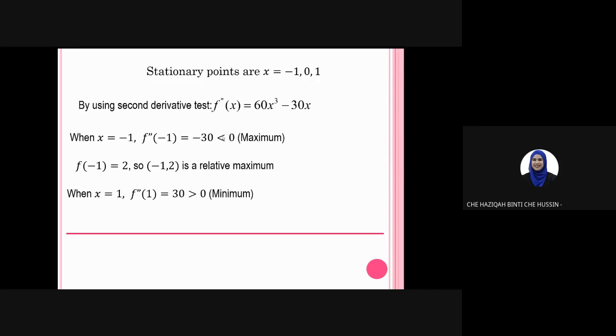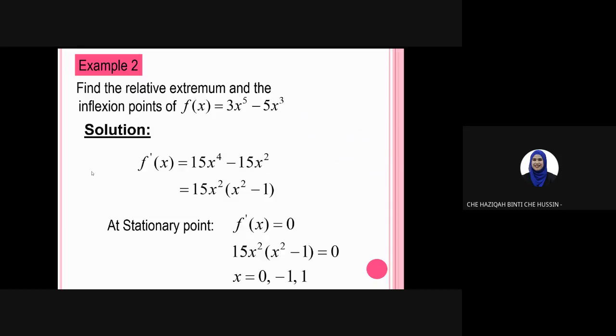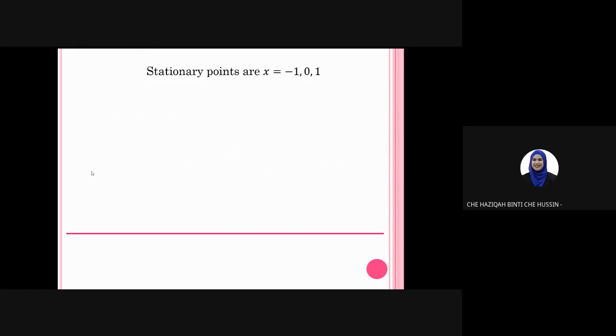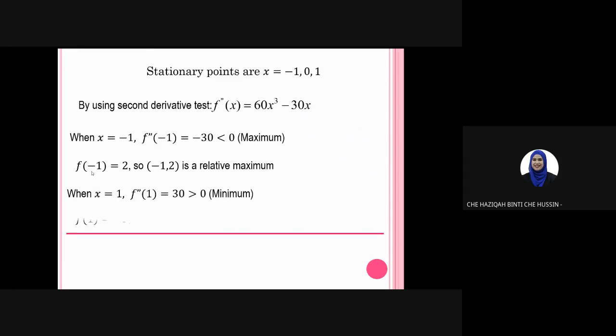So when x equal to negative 1, you substitute into f(x), 3x to the power of 5 minus 5x cubed, and we will get the value equal to 2.